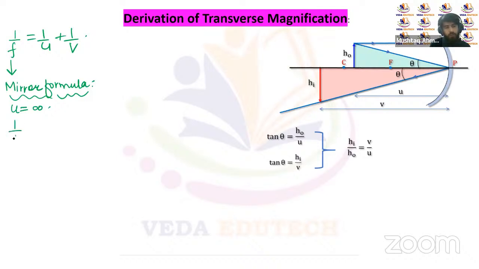Then 1 upon F is equal to 1 upon infinity, and because the image distance is measured opposite to the direction of the incident ray of light from the pole, we take it as 1 upon infinity with a negative sign.